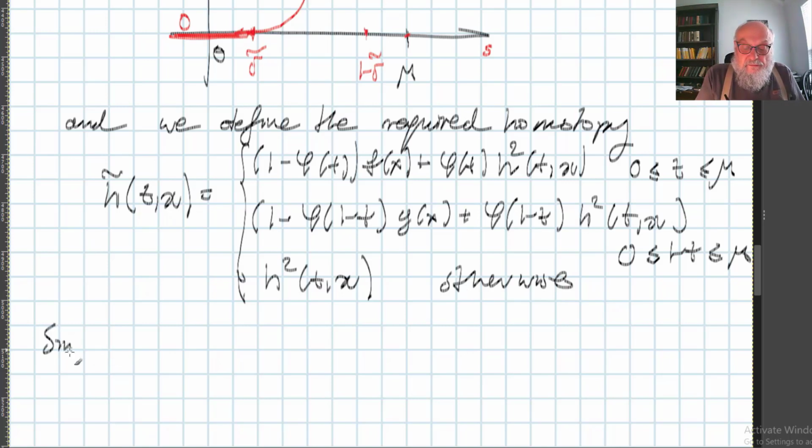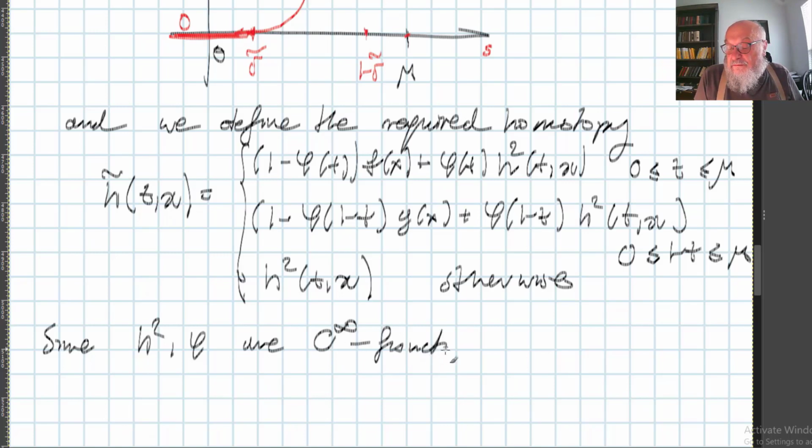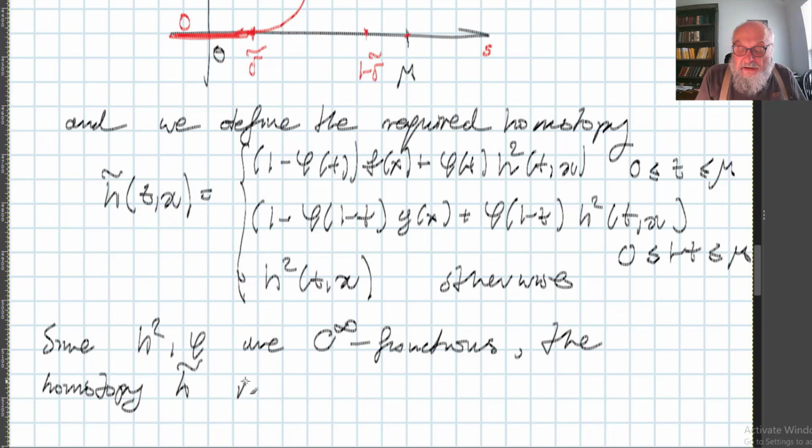Since h2 and phi are C infinity functions, the homotopy h tilde is also C infinity.